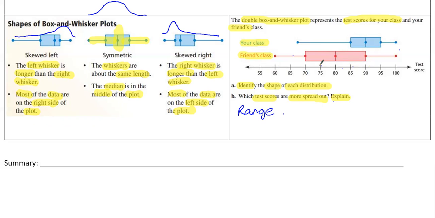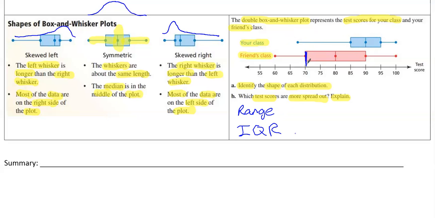It's possible that you have some huge outlier. What if one person didn't show up to your class's test and they got a 0 and their dot's way over here? Most of the data are here, but that one outlier is making it seem like the data are more spread out in your class. So if we don't know if they're outliers, it's usually better to use the IQR to determine which data set's more spread out.